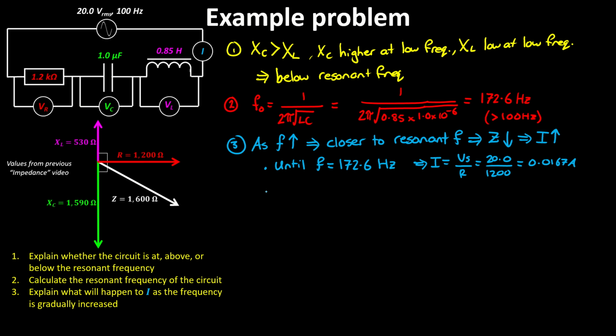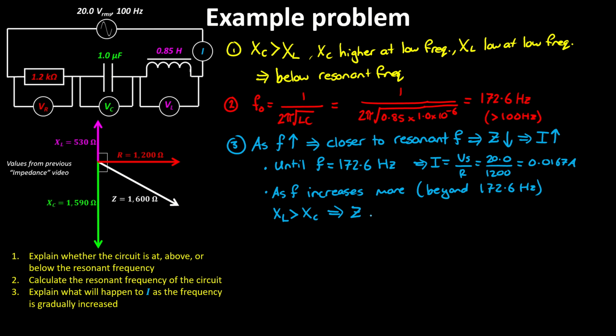Now, notice it doesn't say that it stops there, okay? So as frequency increases more, so we've gone beyond 172.6 hertz, we're now getting to the point where the inductive reactance will be larger than the capacitive reactance.